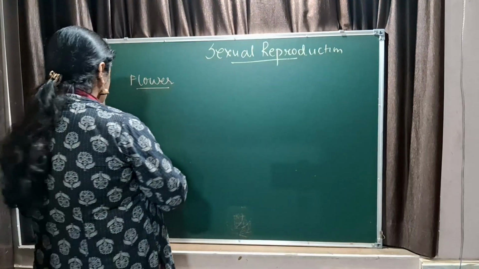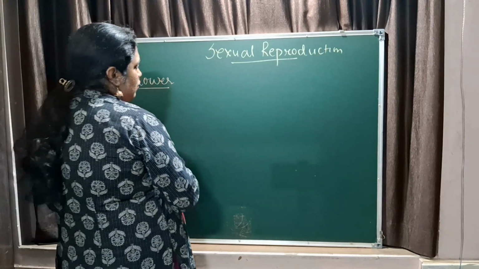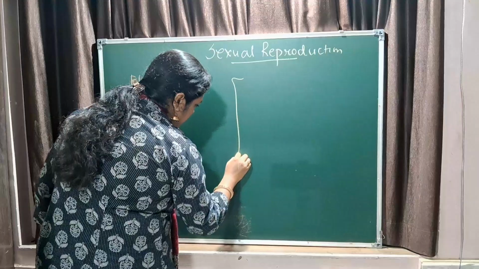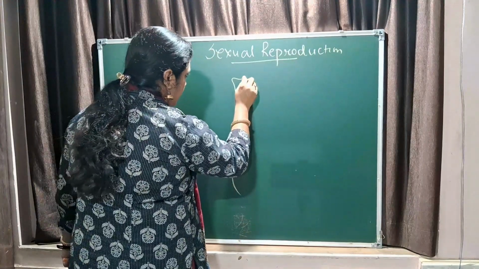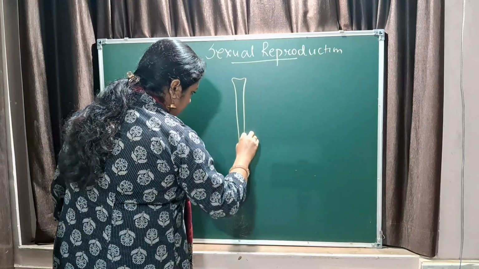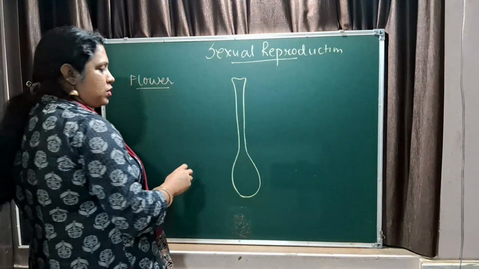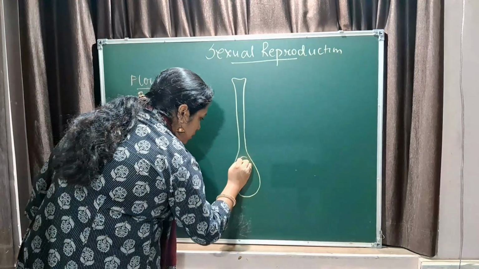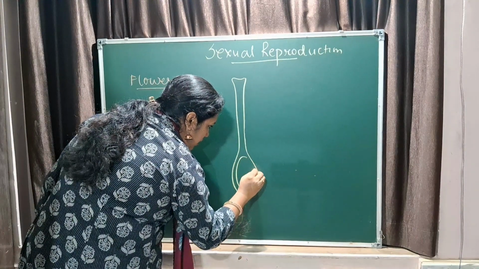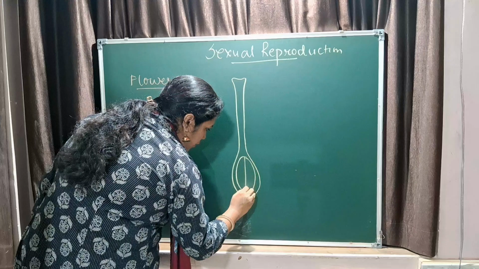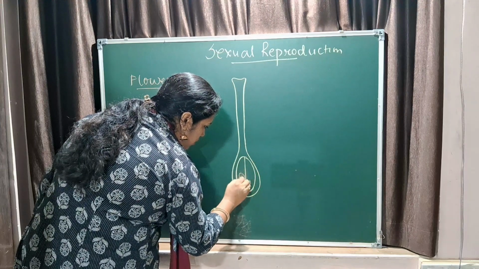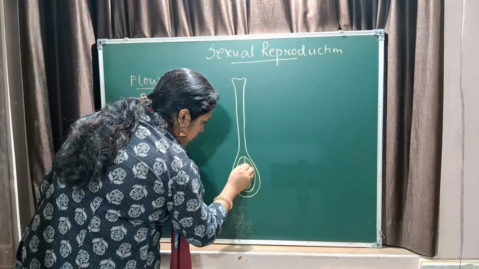The first thing that you should know is this is the gynoecium. This is the innermost whorl of a flower. The gynoecium has the ovary and the ovary has the ovules. This is how the ovules look.